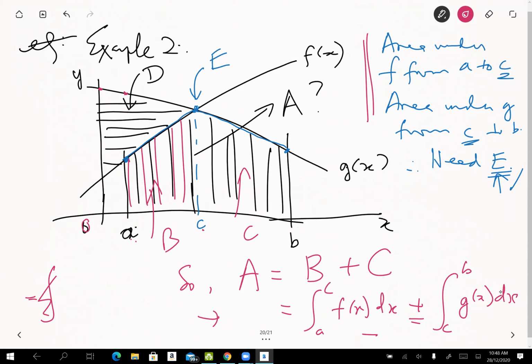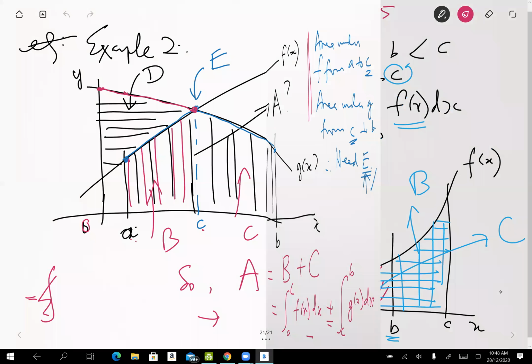That's okay. So what I need is the area under D, from 0 to that point C. Now the area under g from 0 to C will be the whole area under that D. So in other words, if I draw a separate diagram, you can see the 0 here, x, and g will be something like this.